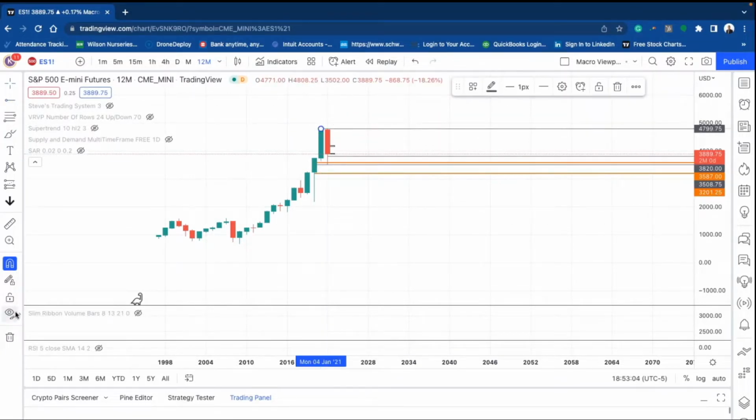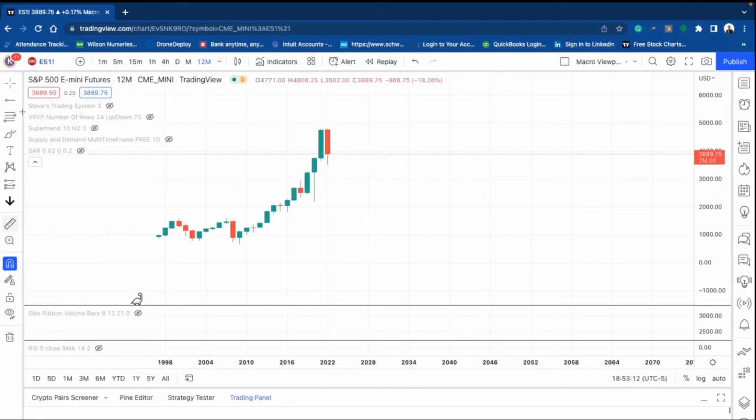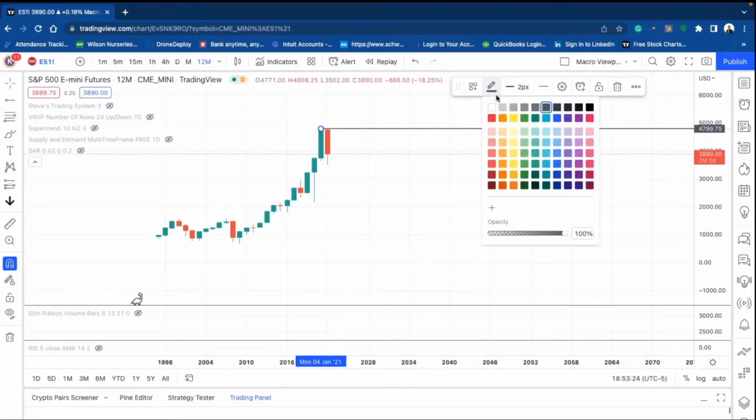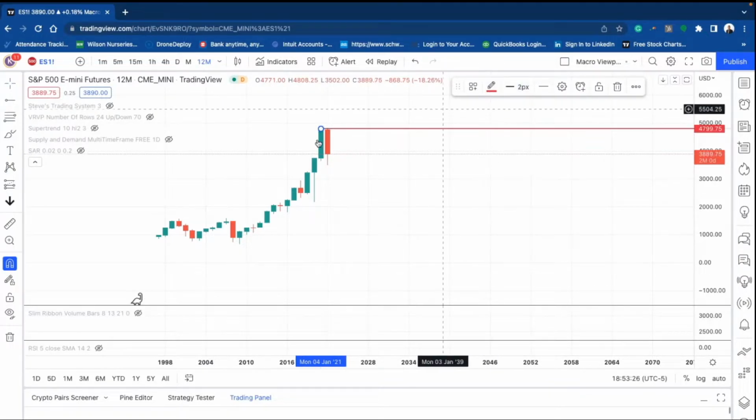Okay, hold on. I'm going to actually delete. Let's try this again. I'm going to mark out the range high up here, 2021 high. Let's make this a little bit thicker. Give it a little red color.